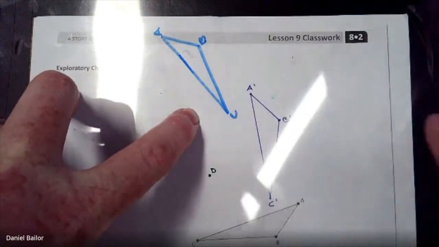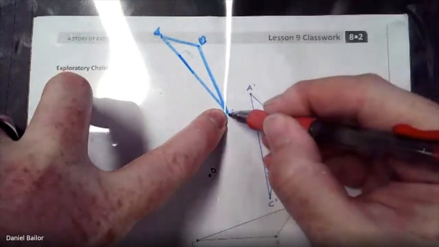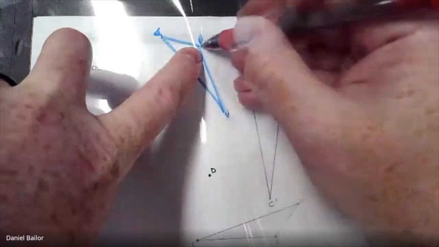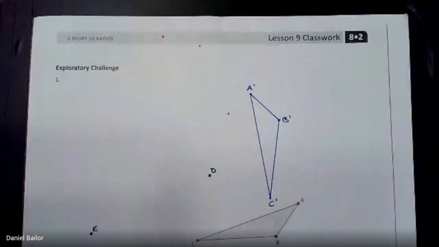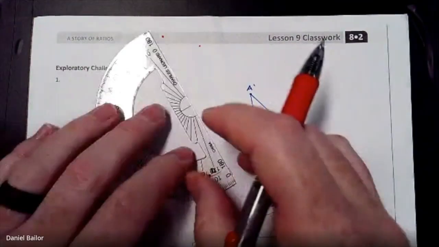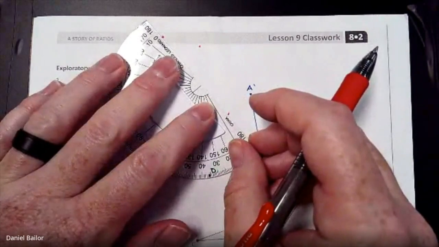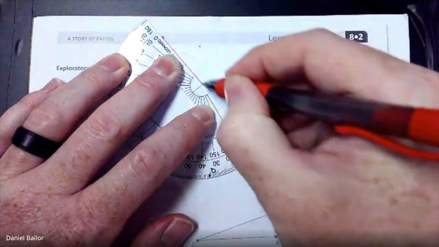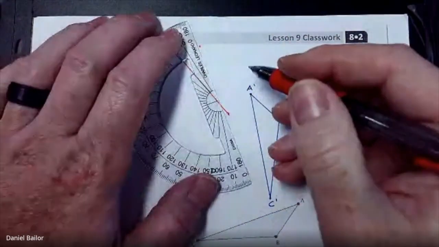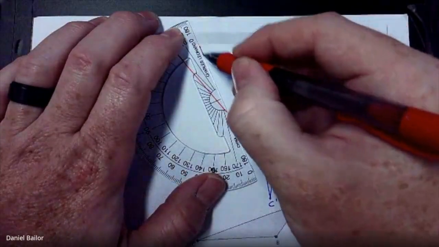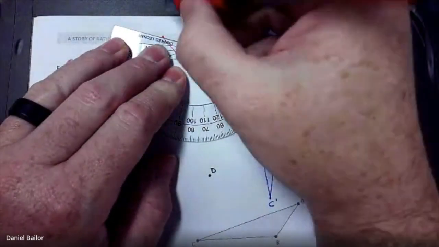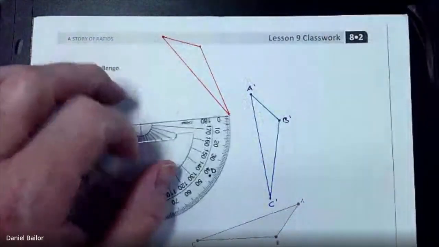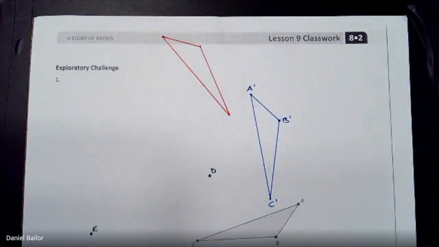Now I'm going to label my points by sneaking underneath the transparency. I'm going to use my straight edge to connect my points to see the triangle. And then the last thing I have to do is label.